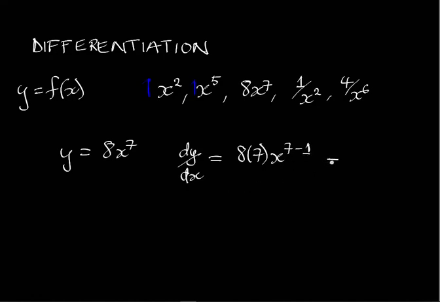We simplify this. What's 8 times 7? That should be 54. And 7 minus 1 is 6. So the derivative of this function y is dy dx, which is found using the power rule, and our final answer is that.